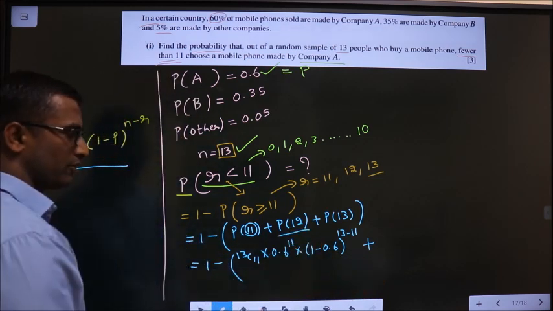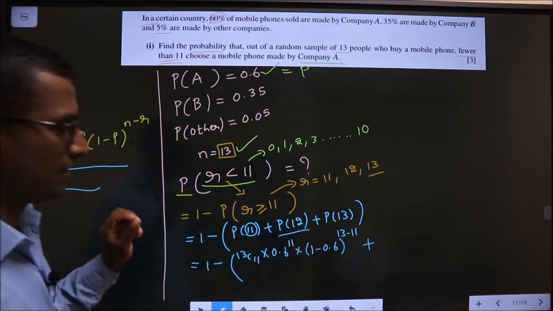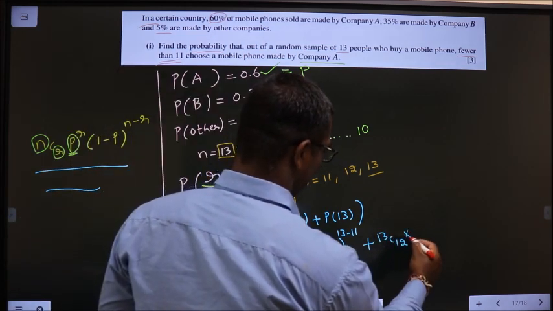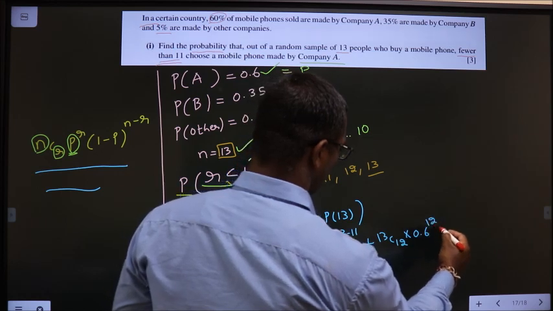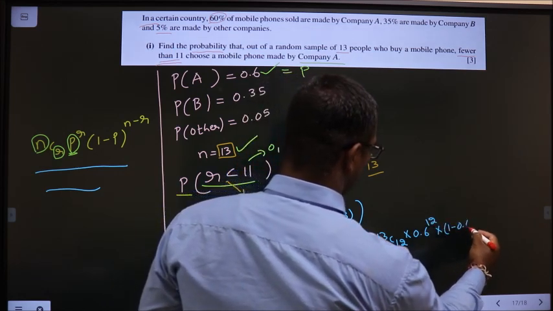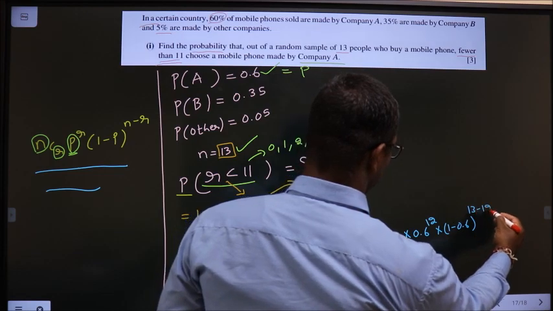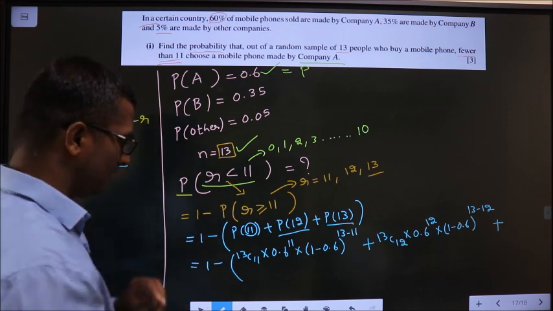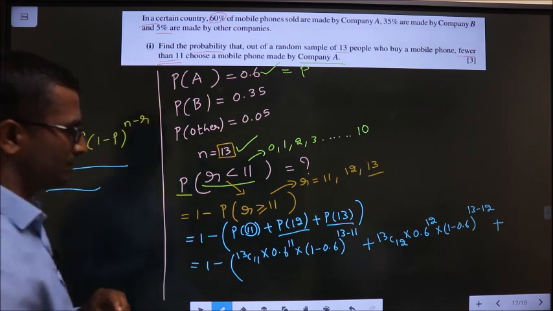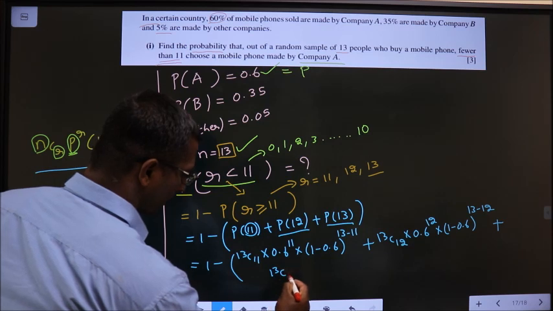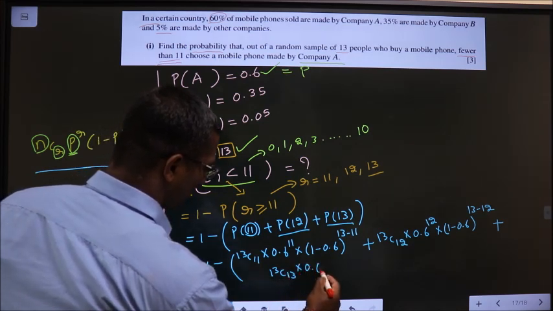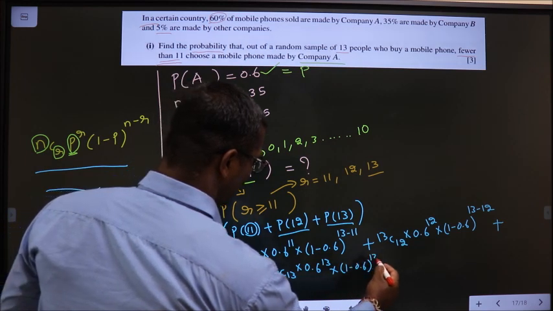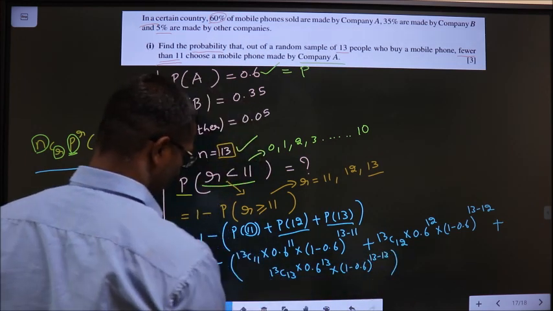Now when r is 12, replace it in the formula. We get 13C12 into 0.6 power 12 into (1 minus 0.6) power (13 minus 12), plus. Now when r is 13, replace it in the formula. We get 13C13 into 0.6 power 13 into (1 minus 0.6) power (13 minus 13).